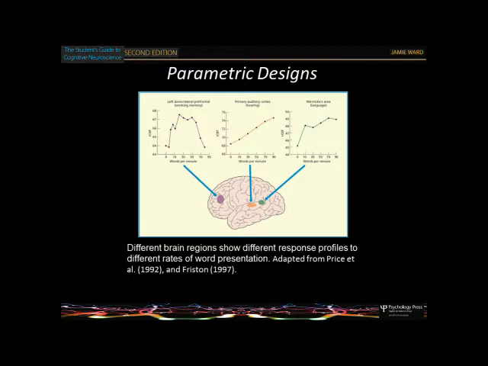So you've got these different kinds of profiles. Here you've got an area, it's a different area of the frontal lobes, but it seems to be involved in working memory. And this shows a very curious kind of pattern in that it doesn't respond when speech is very slow, and it doesn't respond when speech is very fast, but it responds somewhere kind of in the middle, I guess at a natural speech rate.